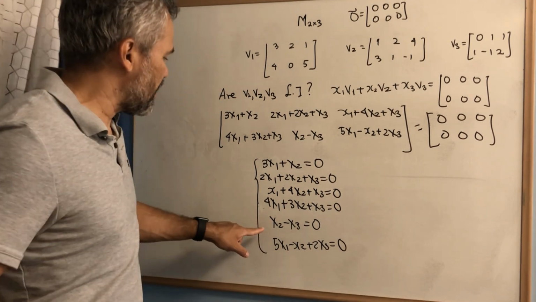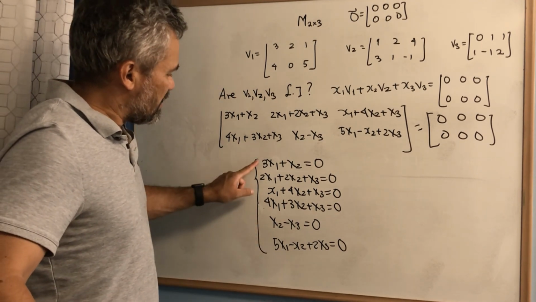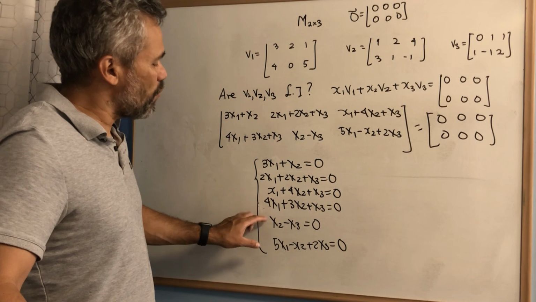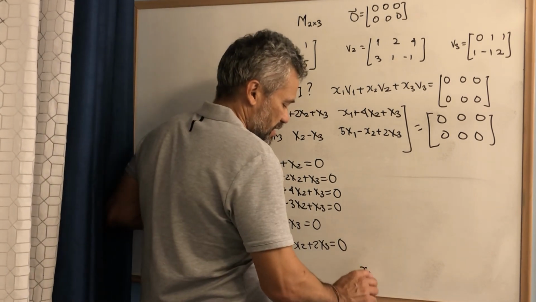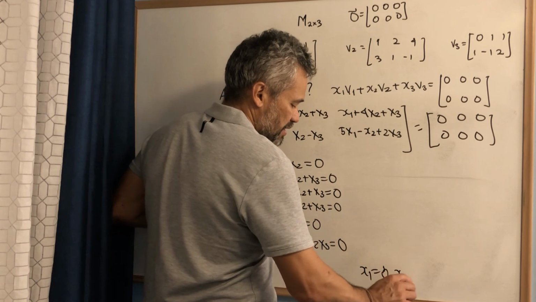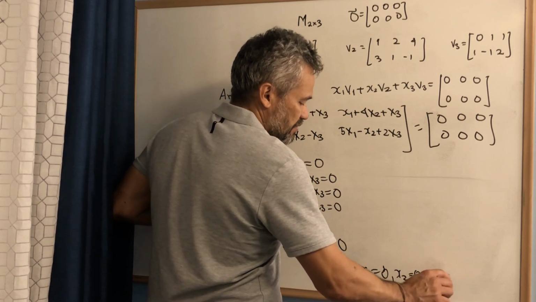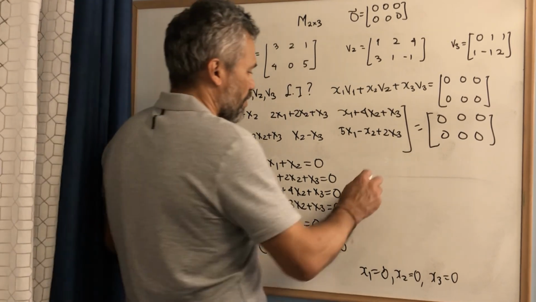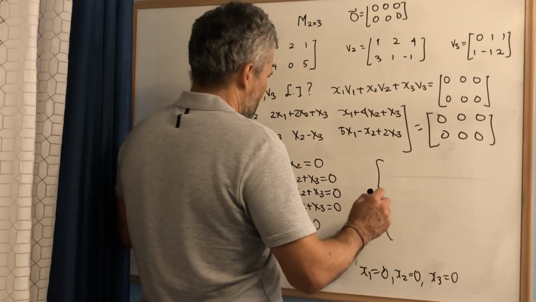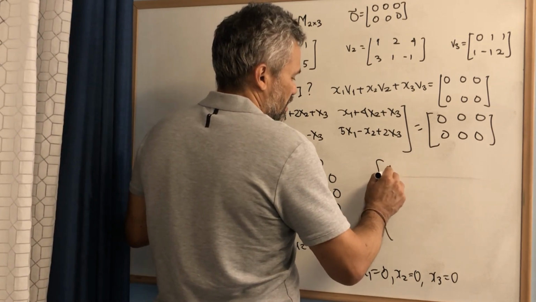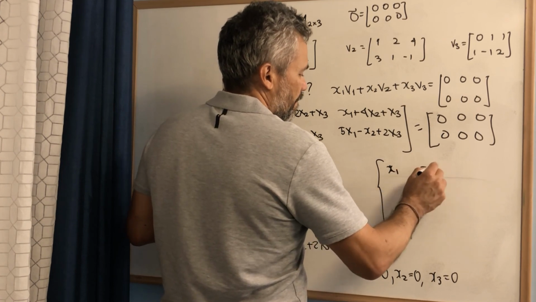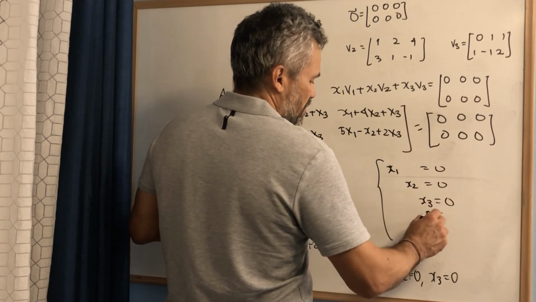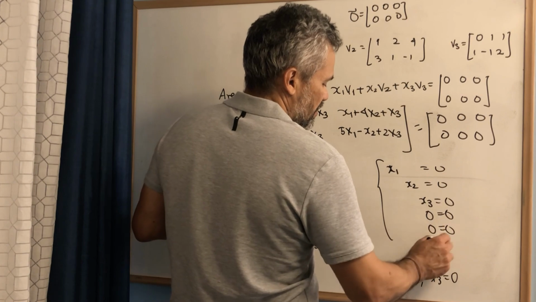And it's very easy to prove that the only way these six equations hold true is if x1 equals 0, x2 equals 0, and x3 equals 0. If you write the augmented matrix of this system and do row reduction, you will see that you end up with the system x1 equals 0, x2 equals 0, x3 equals 0, 0 equals 0, 0 equals 0, and 0 equals 0.